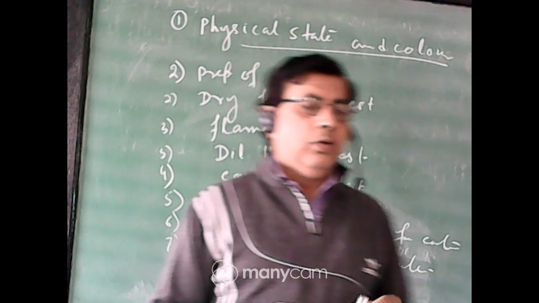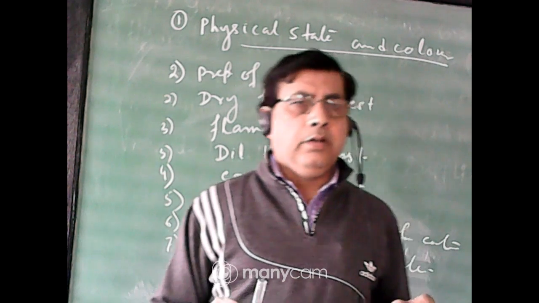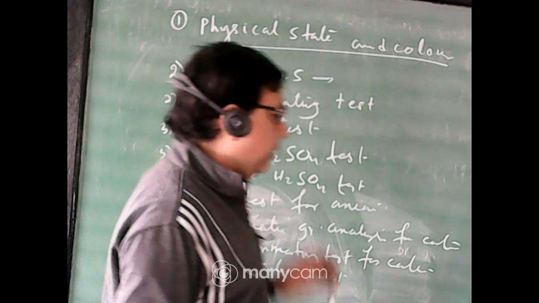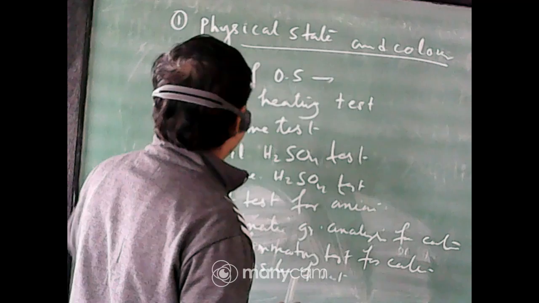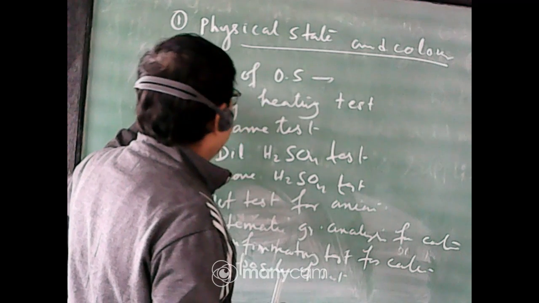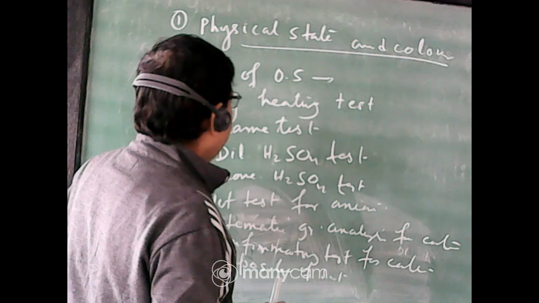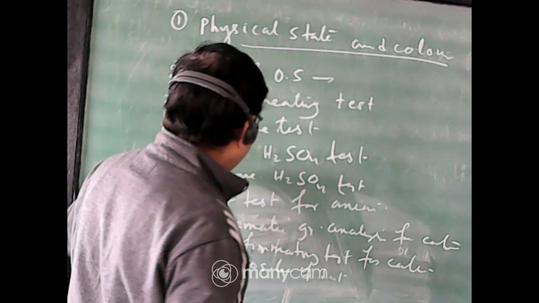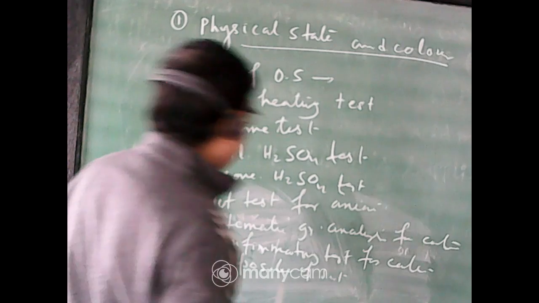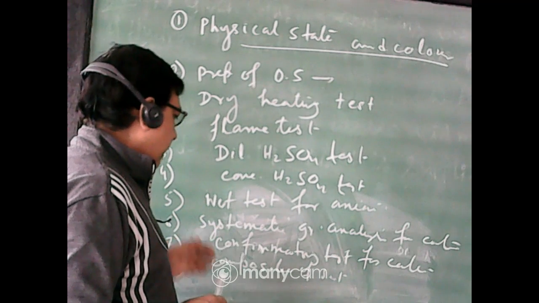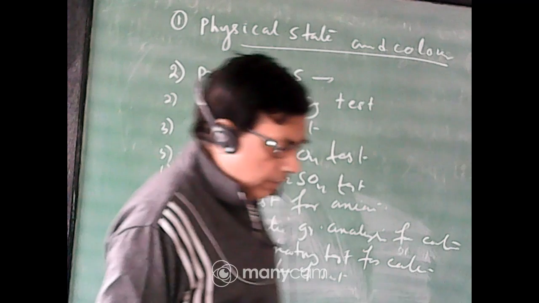Okay. First you perform the test within 10 to 15 minutes, hardly 20 minutes. Then you write in this systematic manner. What is the systematic manner? Preparation of OS, then dry heating test, then flame test, then dilute sulfuric acid test, concentrated sulfuric acid test, wet test for anion, systematic group analysis for cation, confirmatory test for cation, and final composition of the salt.